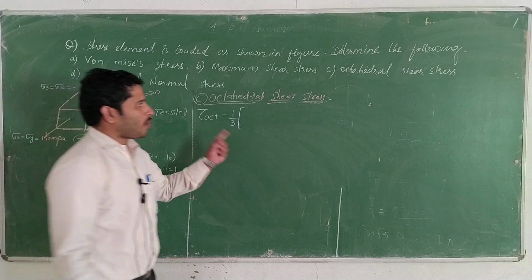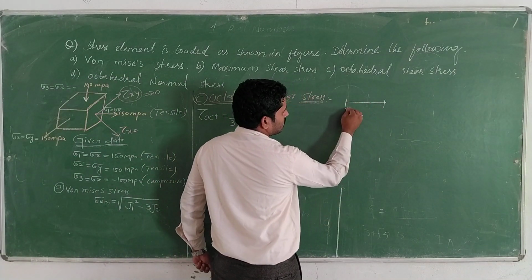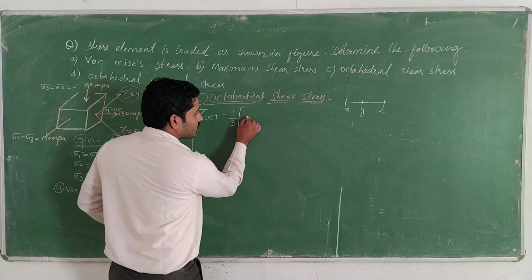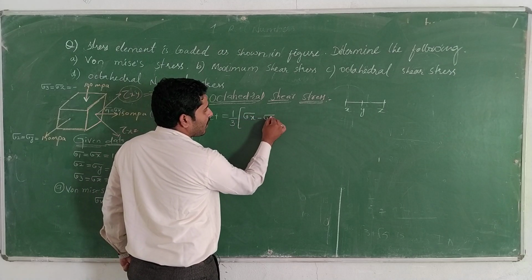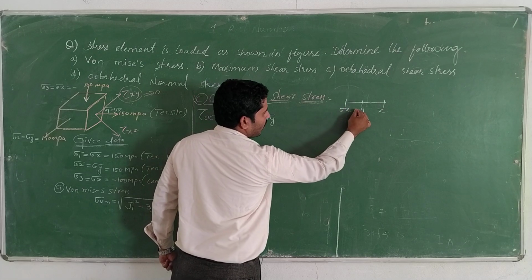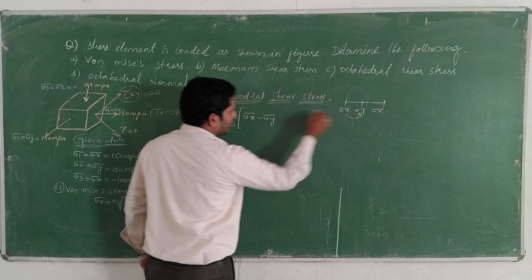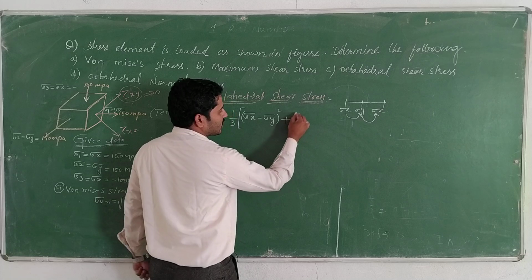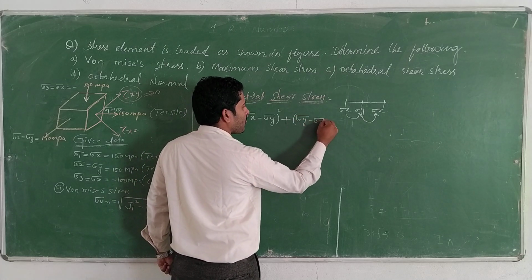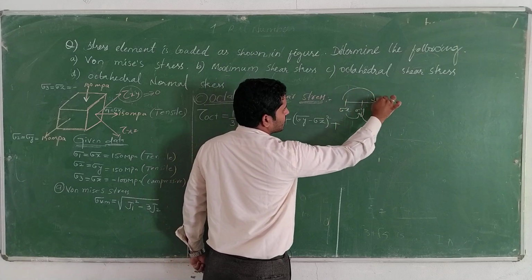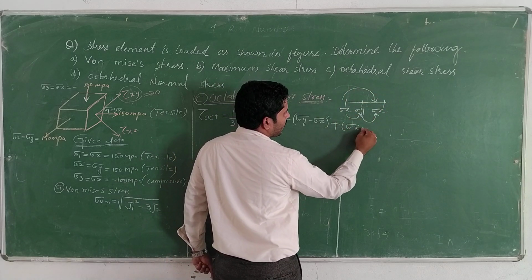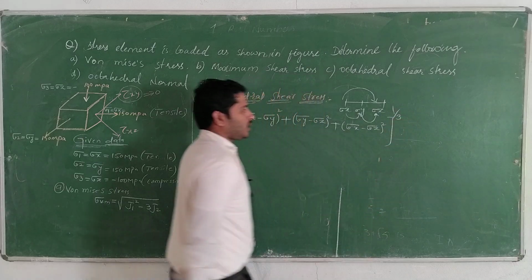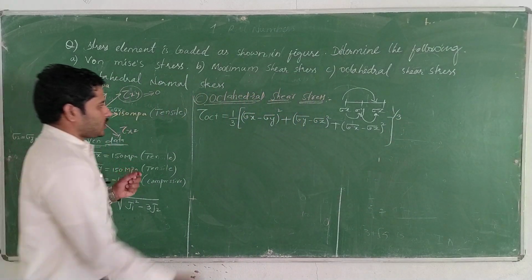Then how to remember? The same format we need to follow: X, Y and Z. Okay dear, you have to remember it in such a way: sigma x minus sigma y whole square plus sigma y minus sigma z whole square plus sigma x minus sigma z whole square, bracket power of 1/3. That is the value of octahedral shear stress.